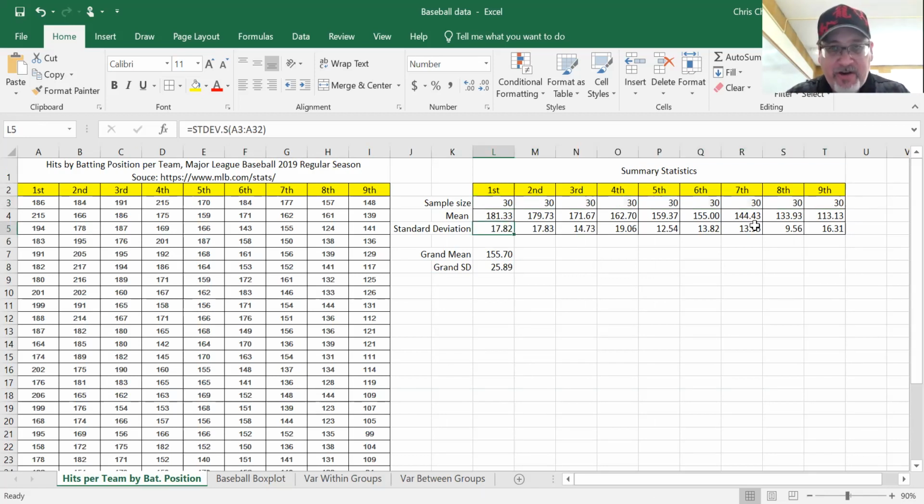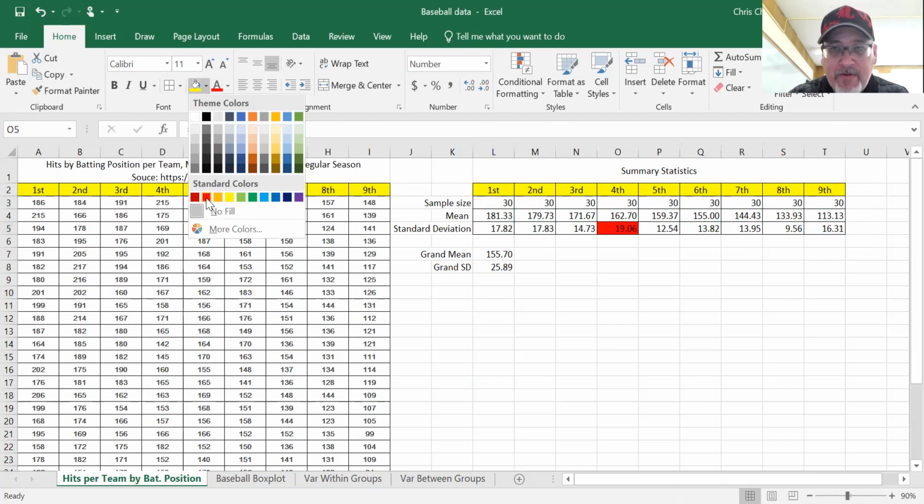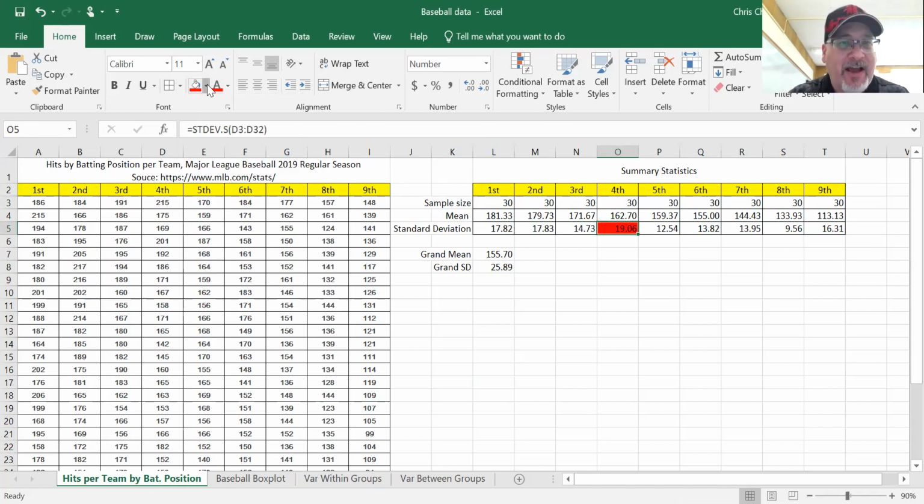So looking at these standard deviations, which one's the largest? Looks like in the 4th position, 19.09. Let's highlight that orange. There we go. So there's the greatest standard deviation amongst our 9 sample standard deviations. The smallest one is over here. Now, is 19.06 at least 2 times the smallest one, 9.56?